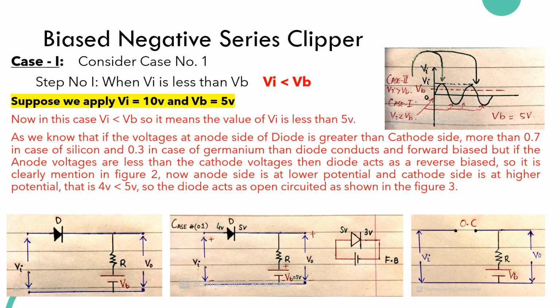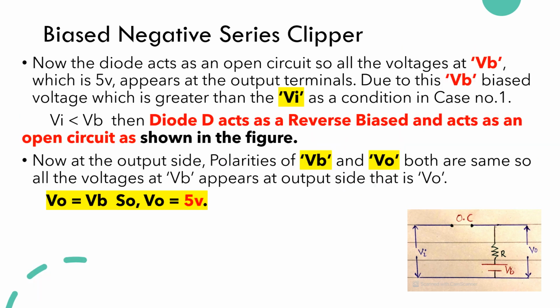It means the condition is VI is less than VB, so we apply 4 volts at the anode side. So that's why the diode gets open circuited and acts as reverse biased as shown in this slide.